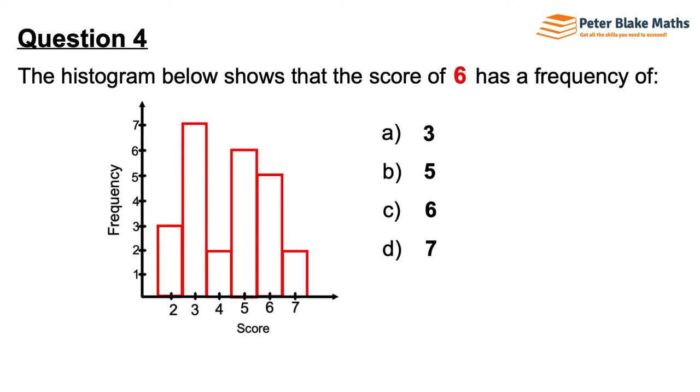If we look down on the scores across the horizontal axis and find the score of 6, and take note of how tall that column is, if we go up with our eyes to the top of that column where the score of 6 sits, we can see that going across to the frequency values on the left hand side, the vertical axis, that score of 6 has a frequency of 5.